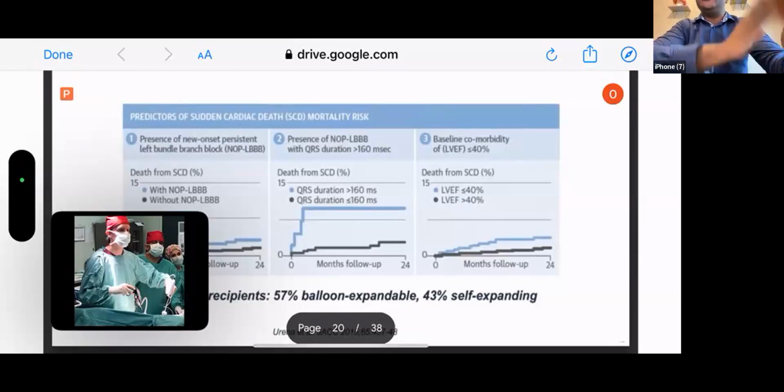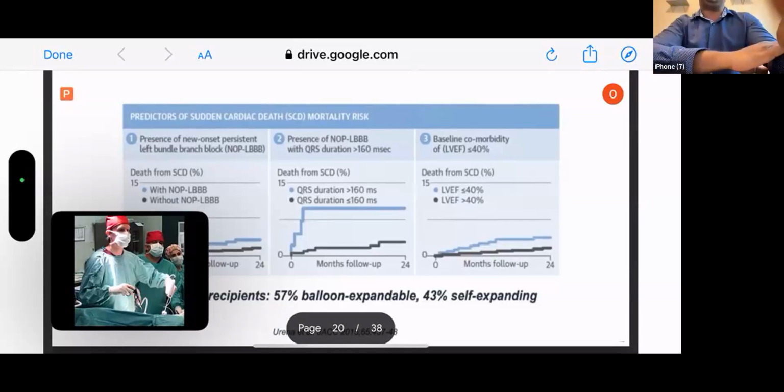So this study, and all the studies that I've been telling you about, there's no randomized control trial in any of them, just to point it out here. The majority of them are either retrospective studies or cohort prospective studies, but none has been randomized. So we kind of use some of these things just to help us.